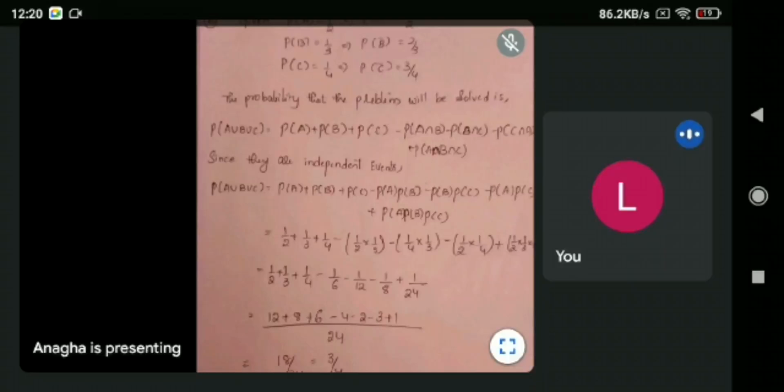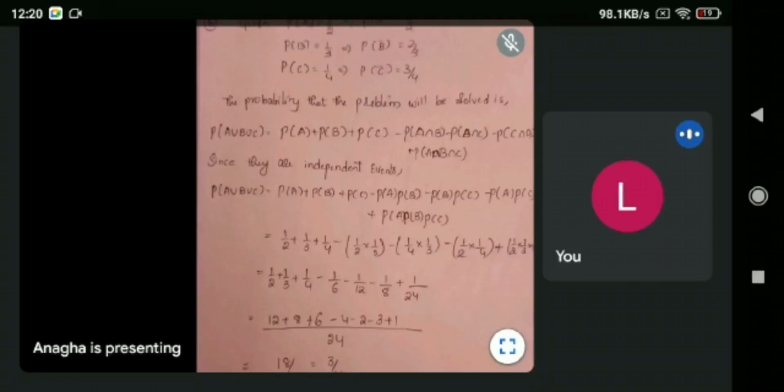Since they are independent events, P(A union B union C) equals P(A) plus P(B) plus P(C) minus P(A) into P(B) minus P(B) into P(C) minus P(A) into P(C) plus P(A) into P(B) into P(C), where we know the values of P(A), P(B) and P(C), so we need to substitute here.